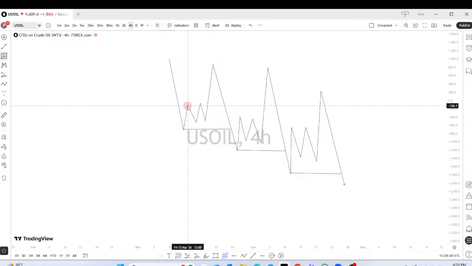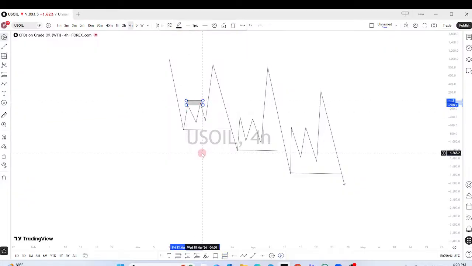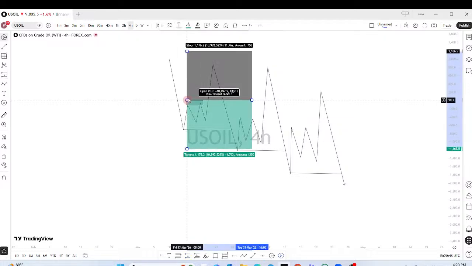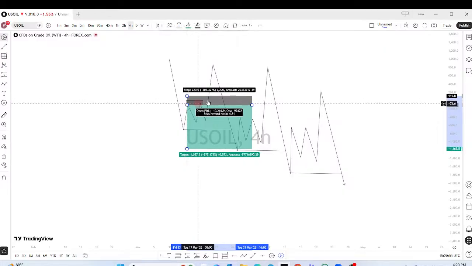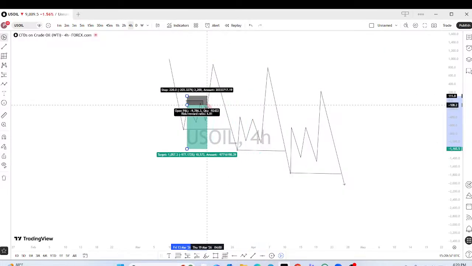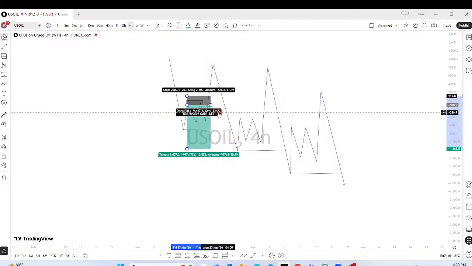You're not going to be putting your sell here. Imagine you put your sell here. What will actually happen is price will tap here, then you put your SL just below.